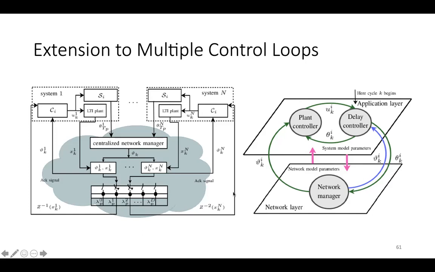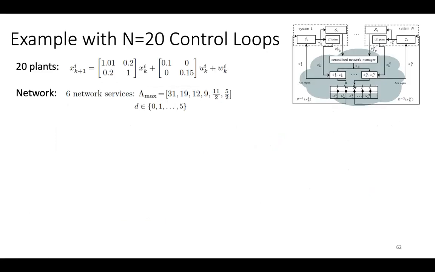We could visualize that also in a layer structure where we would have the application layer and the plant. In the application layer, we'll have the plant control and delay controller, while the network manager would, of course, reside in the network layer.